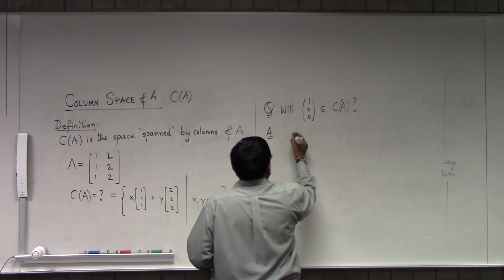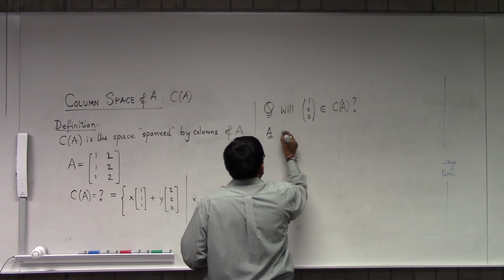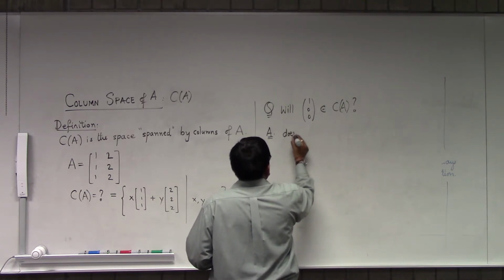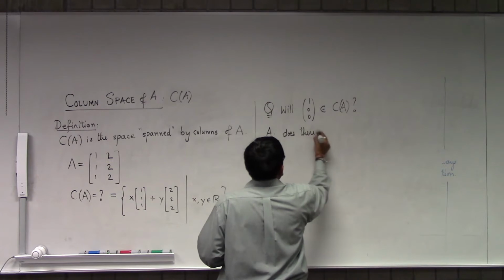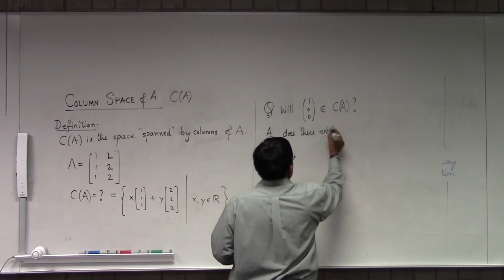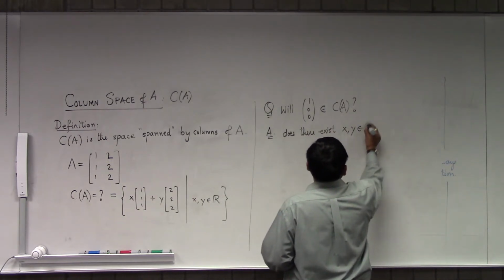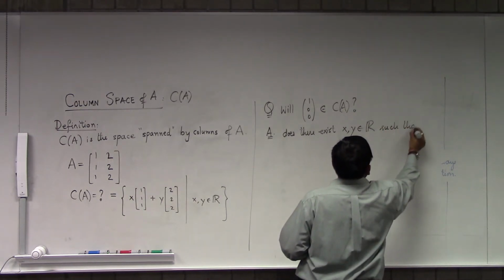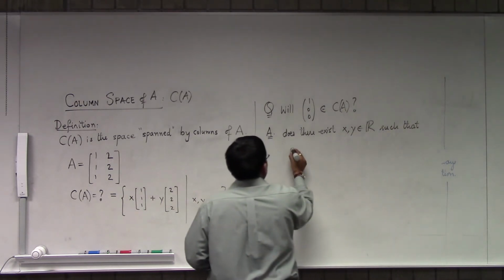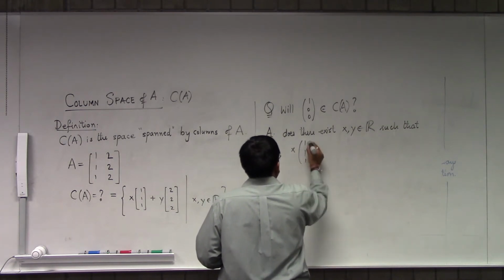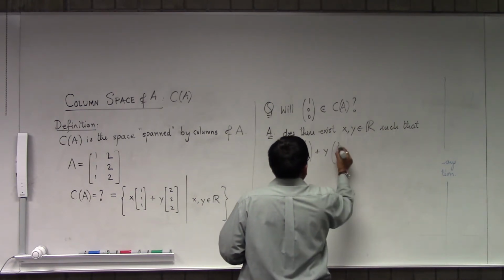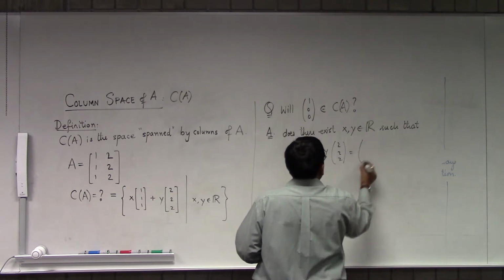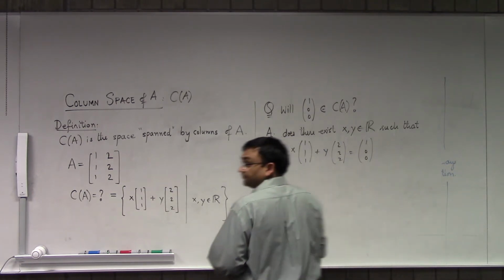Well, we want to know, does there exist x and y, some real numbers, for which I can take this vector and produce this vector.